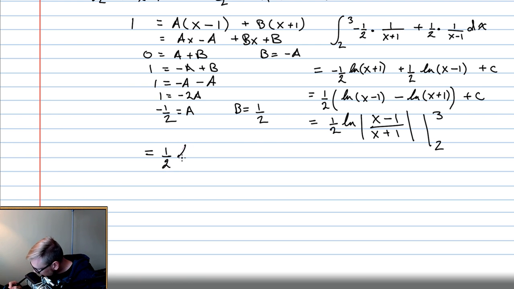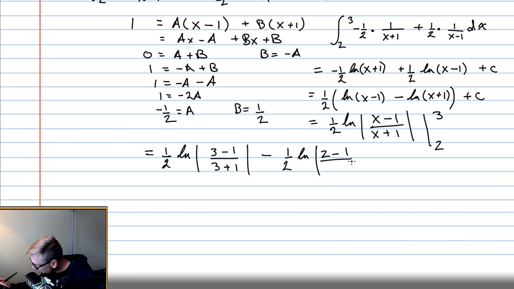We've got 1/2 natural log of 3 minus 1 over 3 plus 1 minus 1/2 natural log of 2 minus 1 over 2 plus 1, which equals, well, 1/2 times, well, 3 minus 1 is 2, 2 over 4, so natural log of 1/2, minus 1/2 times the natural log of, well, 2 minus 1 is 1, 1 over 3.